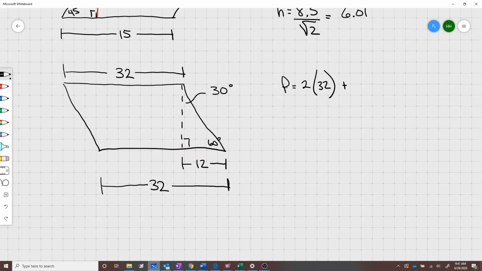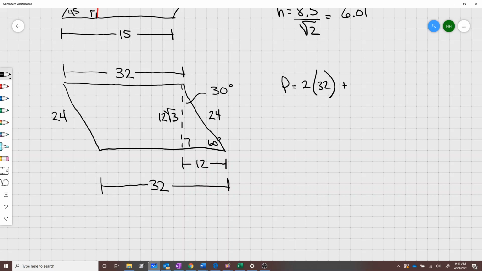So if the short leg of a 30, 60, 90 is 12, then the hypotenuse is 12 times 2, which is 24, and the long leg is equal to 12 times the square root of 3. So those come from your rules related to special right triangles. So if the right side of the shape is 24, the left side of the shape is 24.